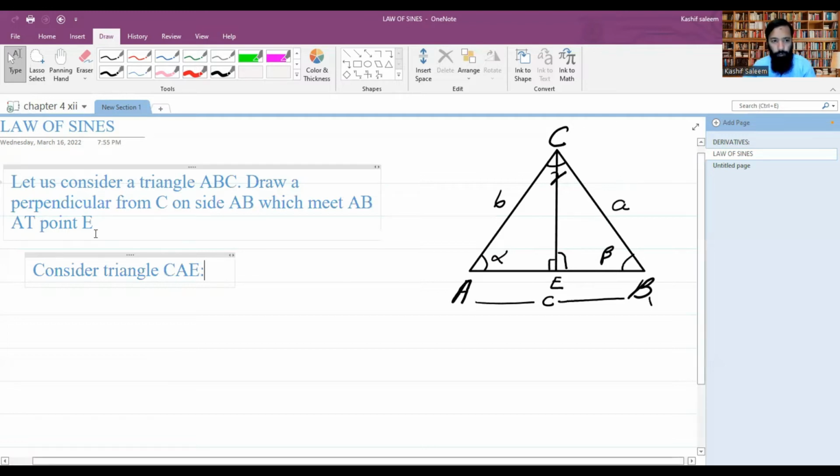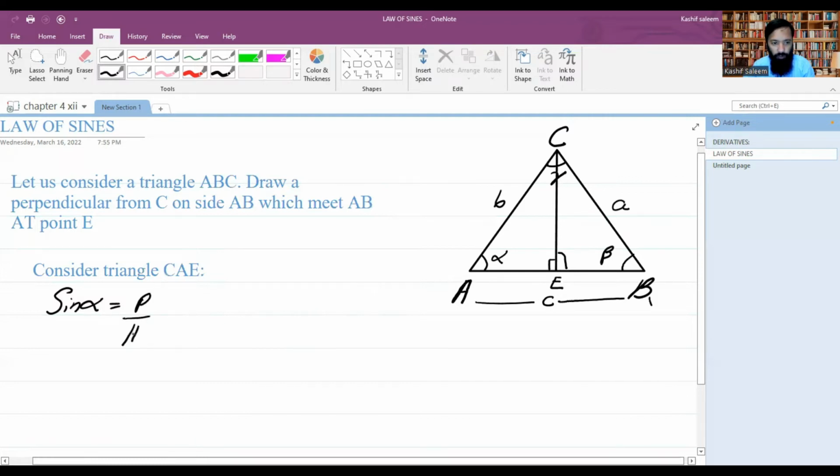Now we are deriving the sine law. This is sine alpha, and this is equal to perpendicular upon hypotenuse, which is the length of side CE divided by the length of side AC.